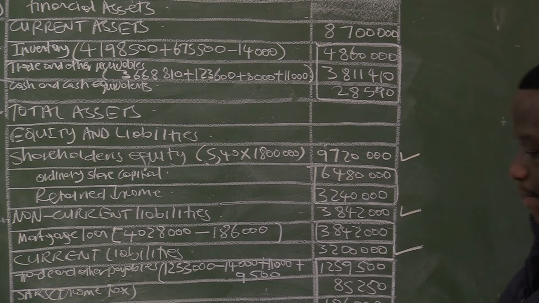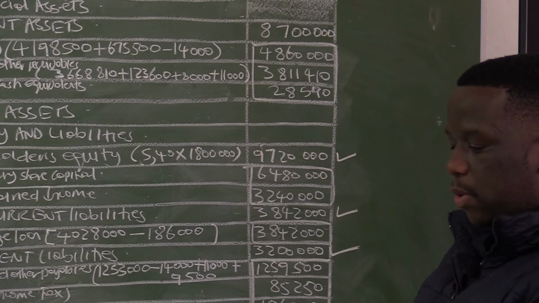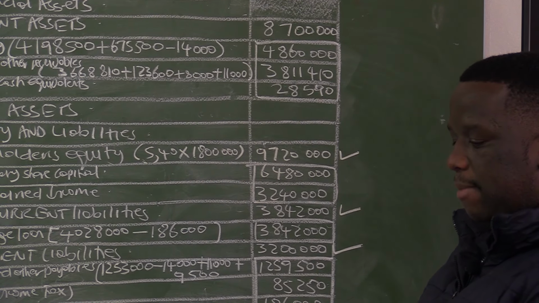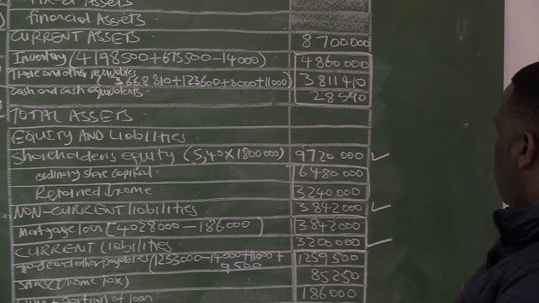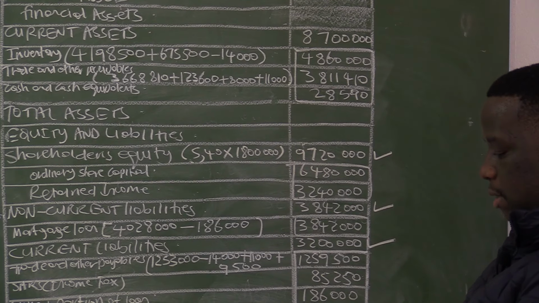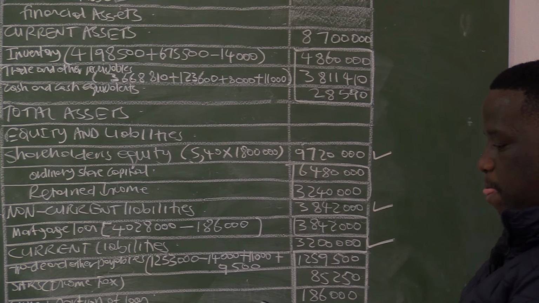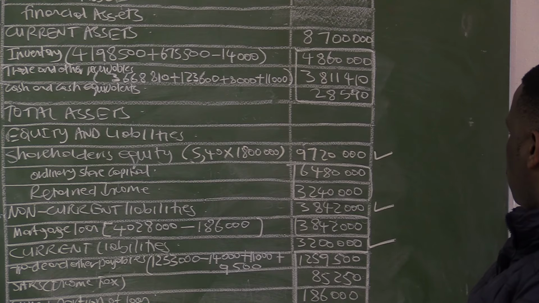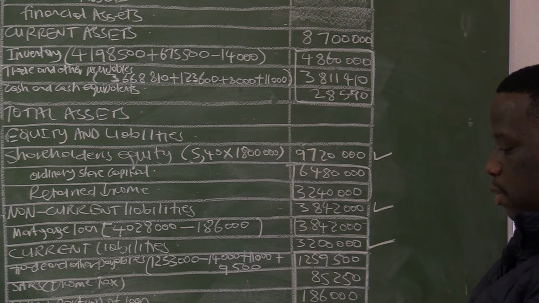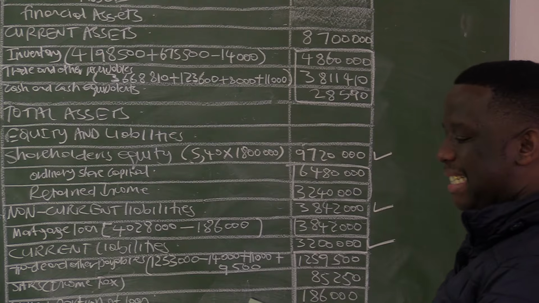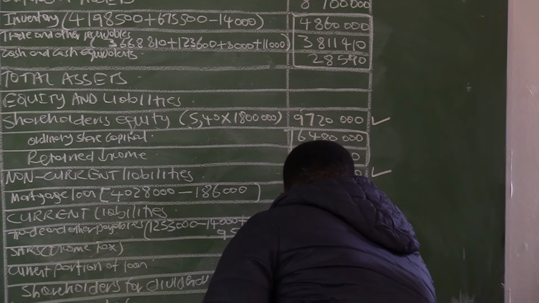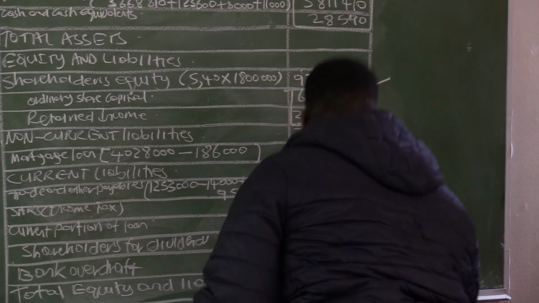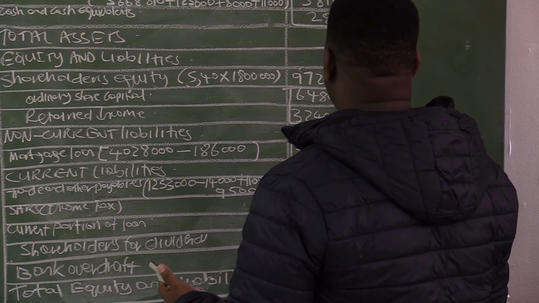So it will be 9,720,000 plus 3,842,000 plus 3,200,000, which is 16,762,000.